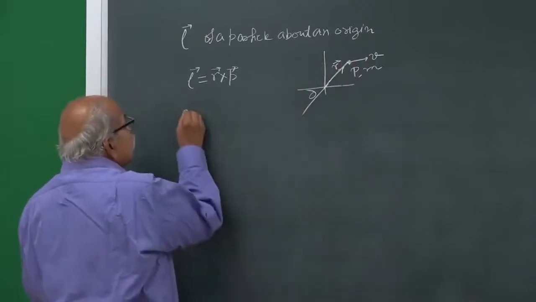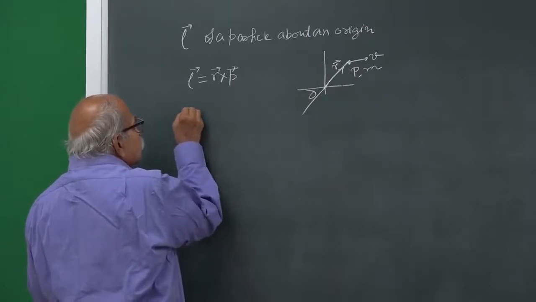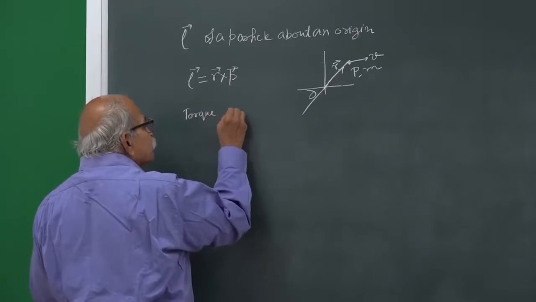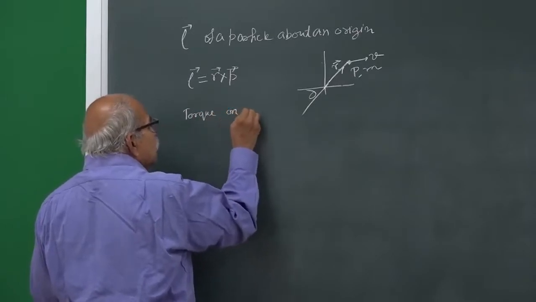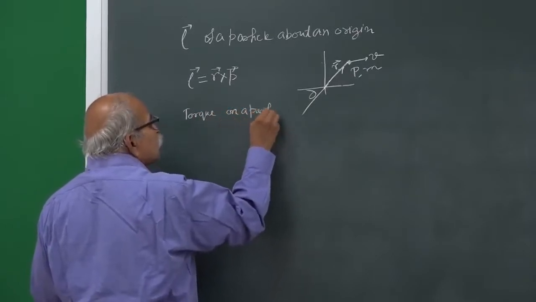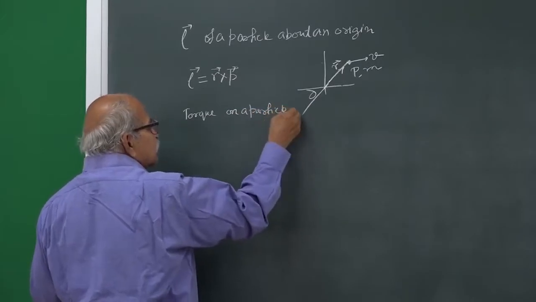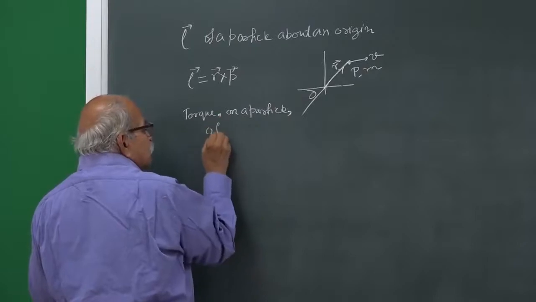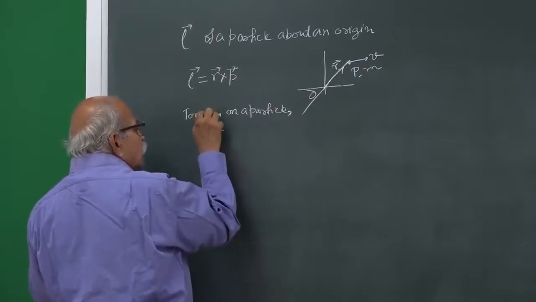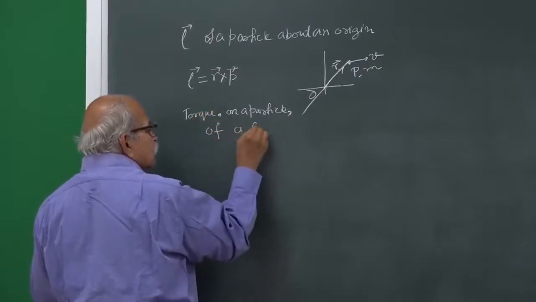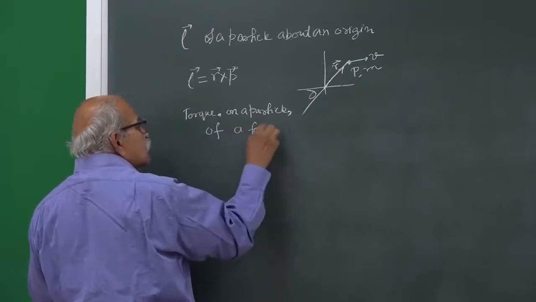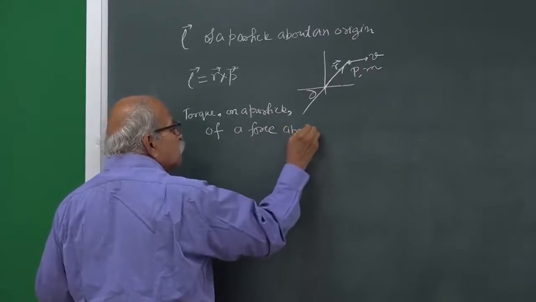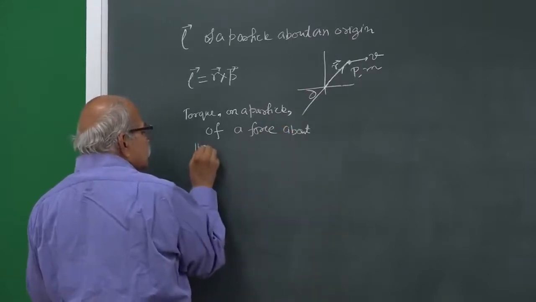And then similarly we define torque. This also on a particle. So, these adjectives are important. Of a force, we call it torque of a force, and the force is acting on some particle, and once again about the origin.